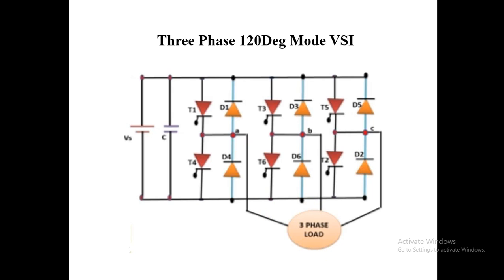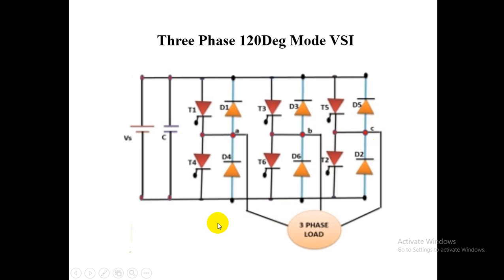The inductor, whatever stored the energy initially when the power is available, must be discharged through a particular path. Here, these diodes are providing the discharging path for the load inductor currents. So here we are going to discuss the resistive load. That's why we are not considering these diodes' operation.